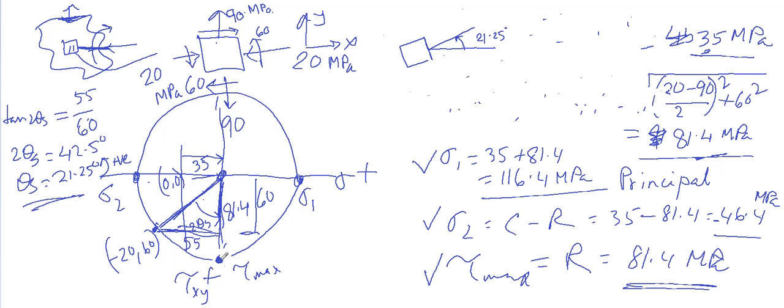Is it positive or negative? It is a positive number because downward is positive. So here my shear stress will be this way. What is this value? 81.4. Okay, to balance it I have to apply shear stress this way, then this. So all the shear stress is 81.4 megapascal.